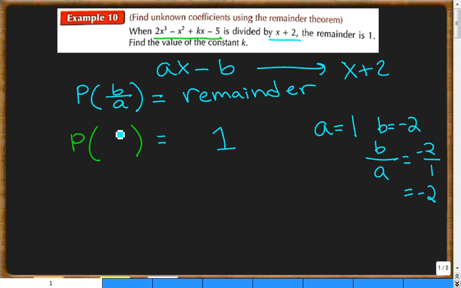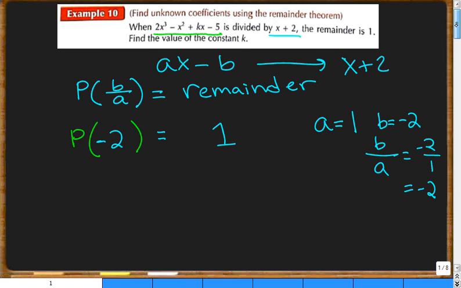So if we plug in negative 2, which is our b over a for our divisor here, then we should get 1 out. Now, that's what we know based on the information that they've told us. So now we have to use this to figure out what k is going to be.